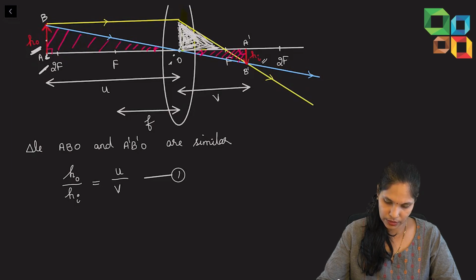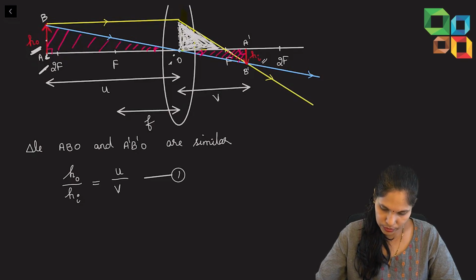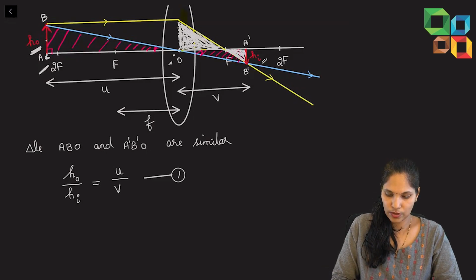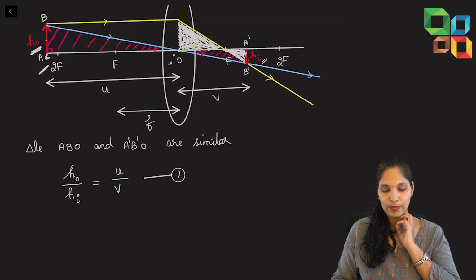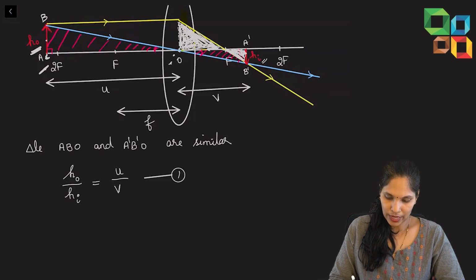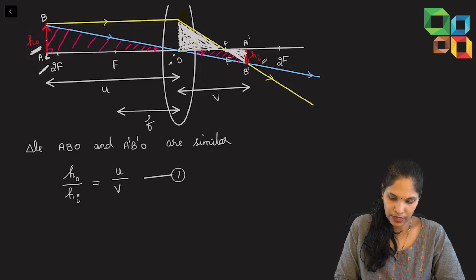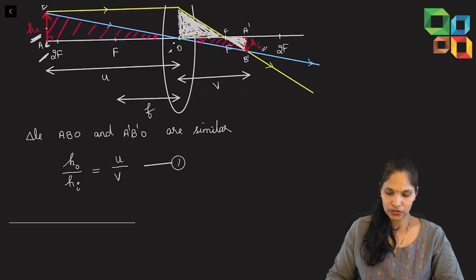For this one, can you find a similar triangle? This triangle is similar to it. Correct, no? These two are perpendicular angles, and these two are vertically opposite, so I can call them similar. So you have A dash, B dash, and this is the F point, so A dash, B dash, F. And here OF, I'll call this some C. Okay, these two are similar.